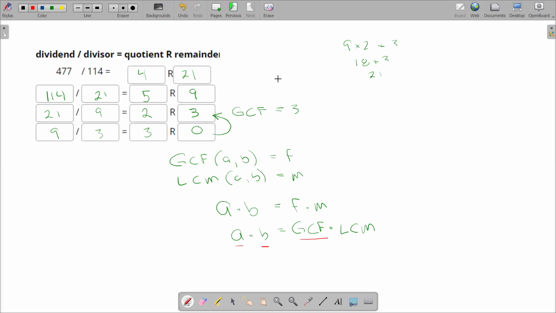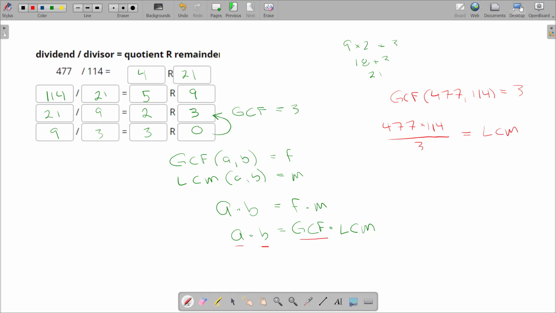So for example, in this case, I know that the greatest common factor of 477 and 114 is equal to 3. And because of this relationship right here, if I take 477 times 114, and I divide by the GCF, the answer has to be the LCM.